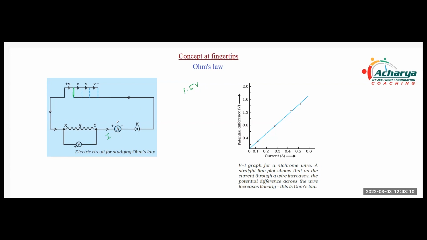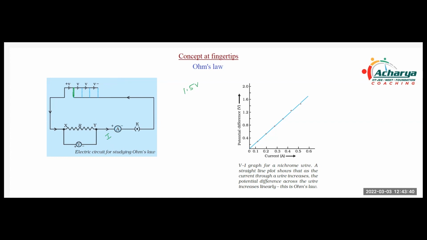We'll measure that current using the ammeter, and we will measure the potential difference across the nichrome wire using the voltmeter, and we plot these two values in the graph shown here. After plotting, we have the values for current and the potential difference across the conductor.